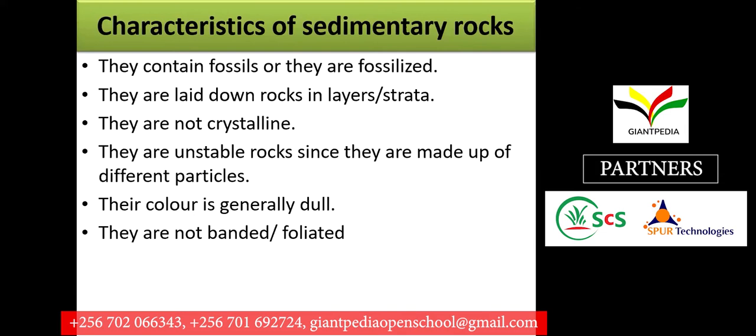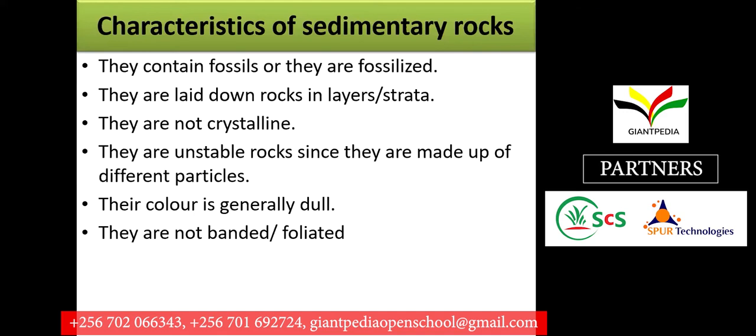Secondly, they are laid down rocks. So they are laid down in layers, or they are stratified. They are stratified rocks. They are in strata. Then thirdly, they are not crystalline. So there are no crystals involved. If it's sedimentary, they are not crystalline.